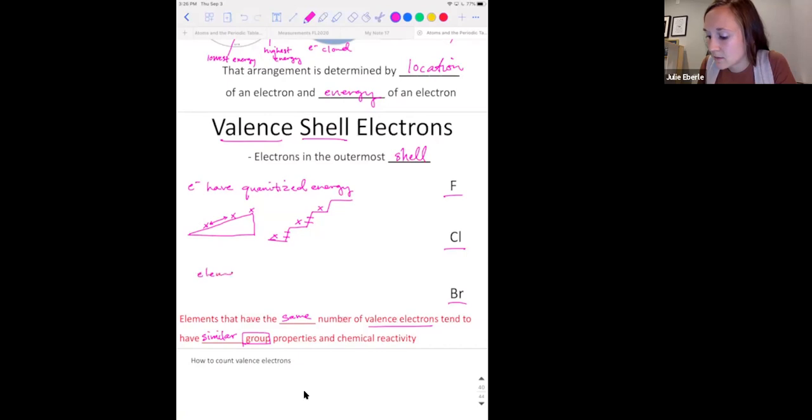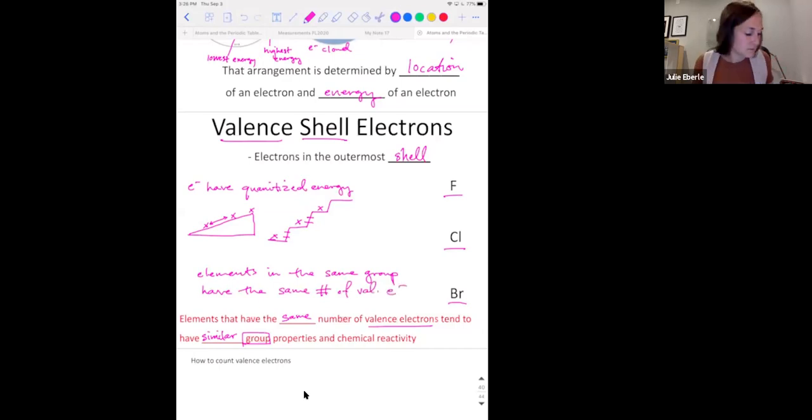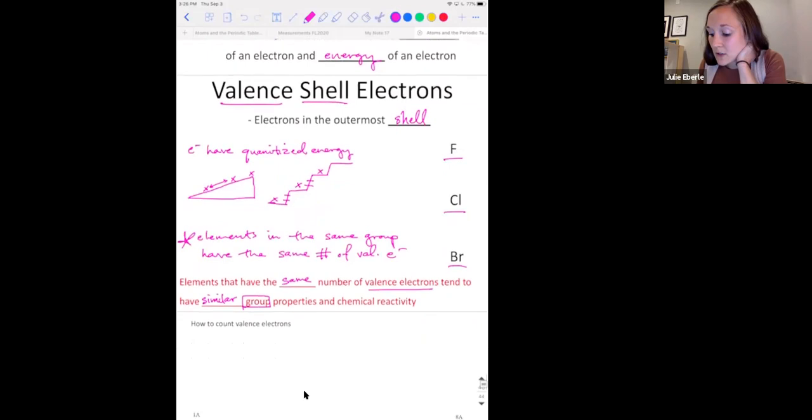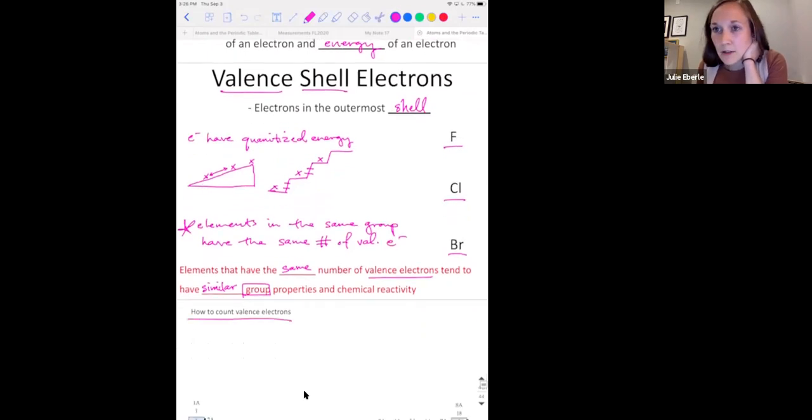Elements in the same group, that is a vertical column, have the same number of valence, I'm going to abbreviate, electrons. Okay, so remember that. Because in just a second, I'm going to teach you how to count valence electrons.